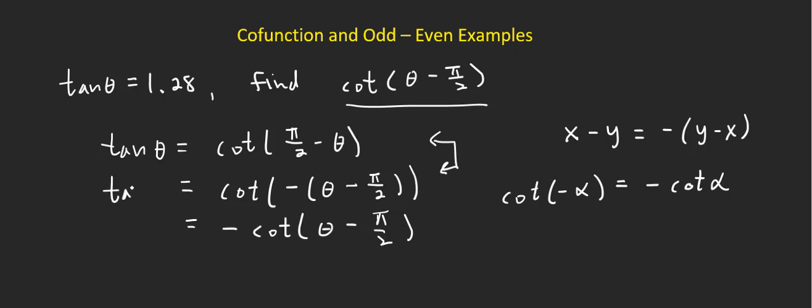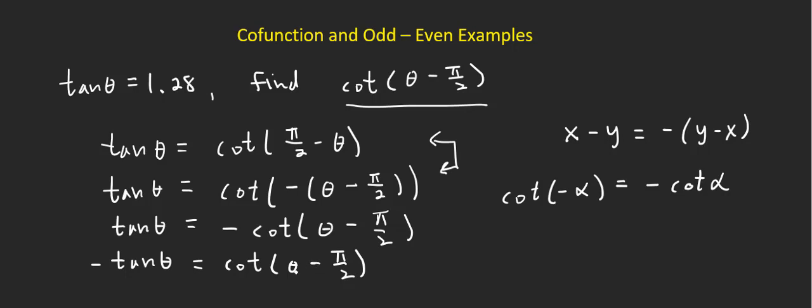Now, let me put down tangent theta here. Let's multiply both sides by negative. So you get negative tangent theta is cotangent of quantity theta minus pi over 2.